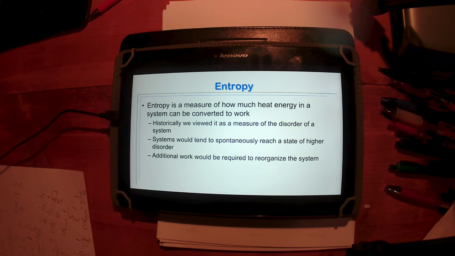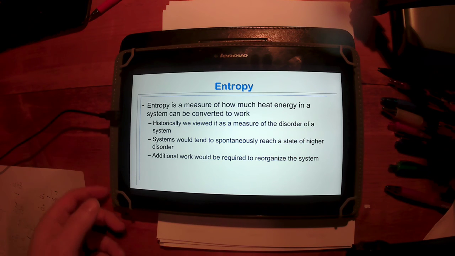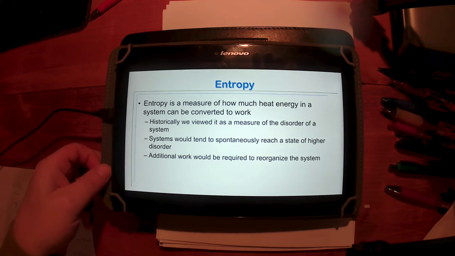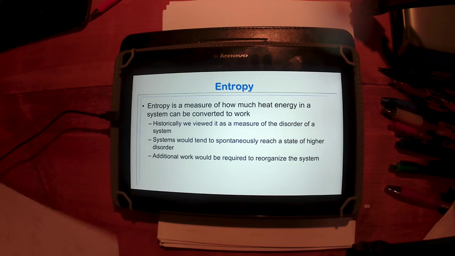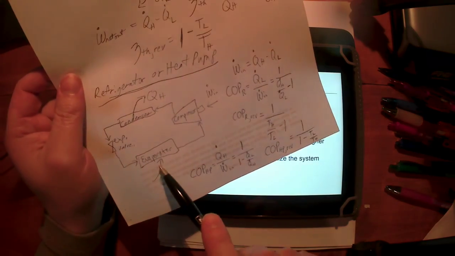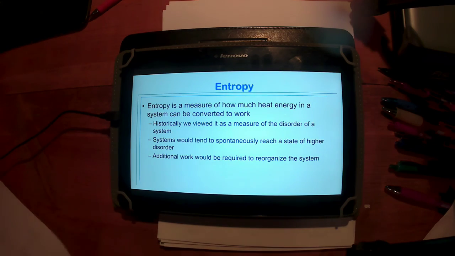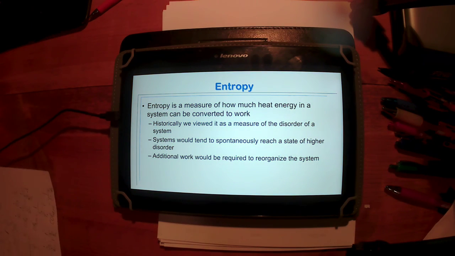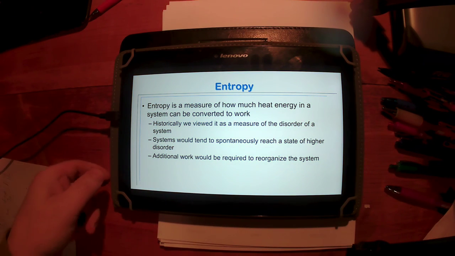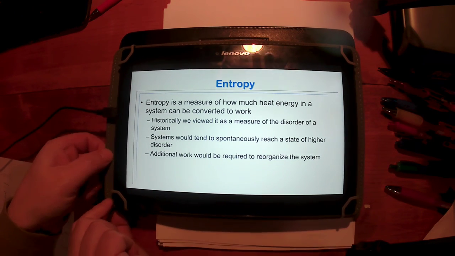That's what they naturally want to do. If you want to get your system back to a lower state of entropy, you will have to put work in to organize the molecules to get them to behave more predictably. In the case of a refrigerator, to cool the molecules down is going to require work, or power, to do so, and the second law is the reason for that. That sets the limit for this.